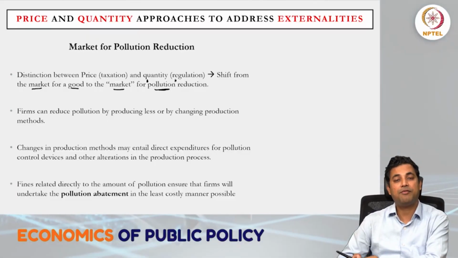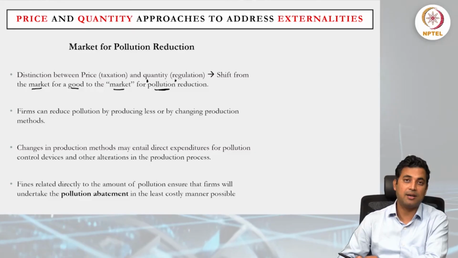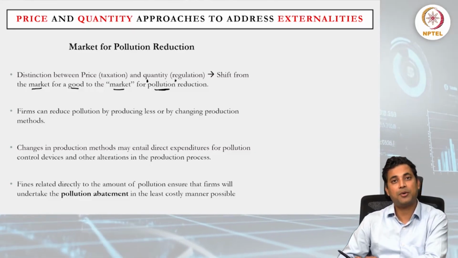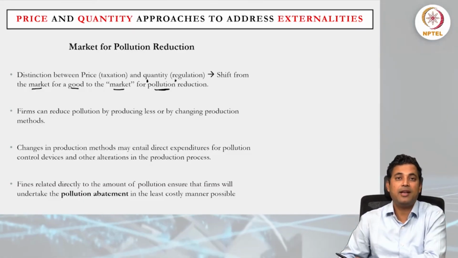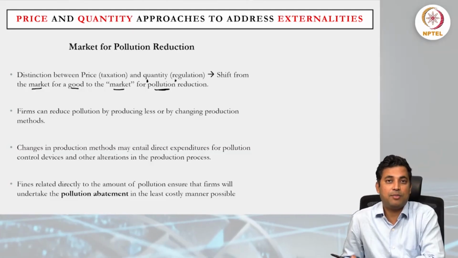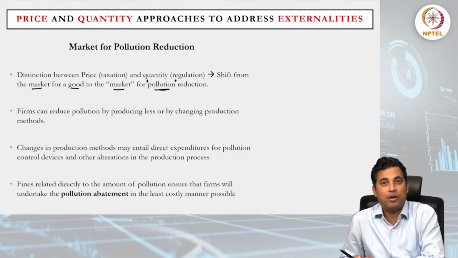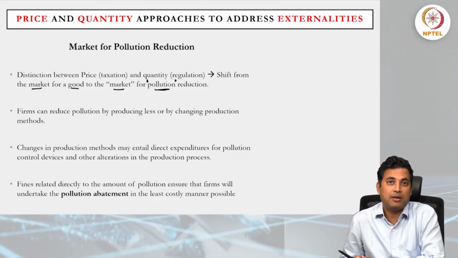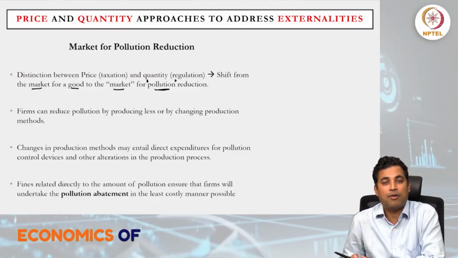Even if the firm or producers introduce certain methods or advanced technology in the production process, that cost should not be very high, because it has to be either equal to or less than the payment that the firm would have to make to the affected parties, or in the form of taxation.